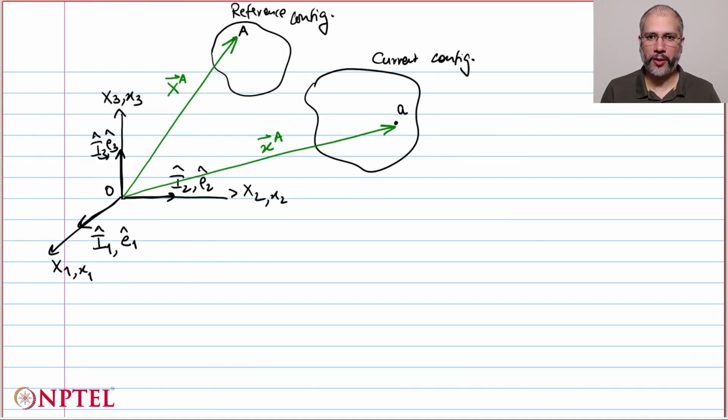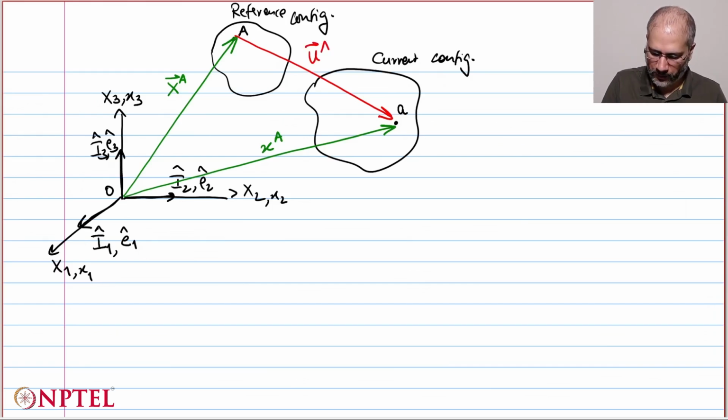Of course, in the reference configuration, I use the material coordinate system, and in the current configuration, I use the spatial coordinate system. And we can see that the point A has displaced. When the motion happened, it displaced from capital A to small a. So we can write its displacement as the vector u with a superscript a, because we're talking about the displacement of the material point A.